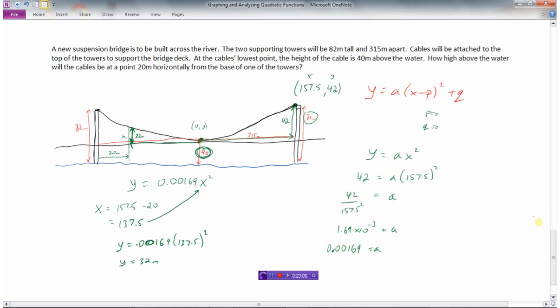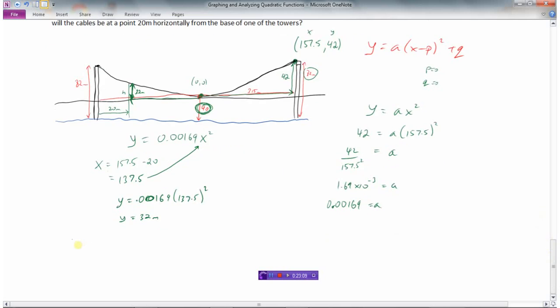So the total height would be the 40 meters that it takes to get to the bridge deck, plus the 32 meters that we got above the vertex of our parabola. So the height of the cables above the water would be 72 meters if we were 20 meters away from the base of one of the towers.